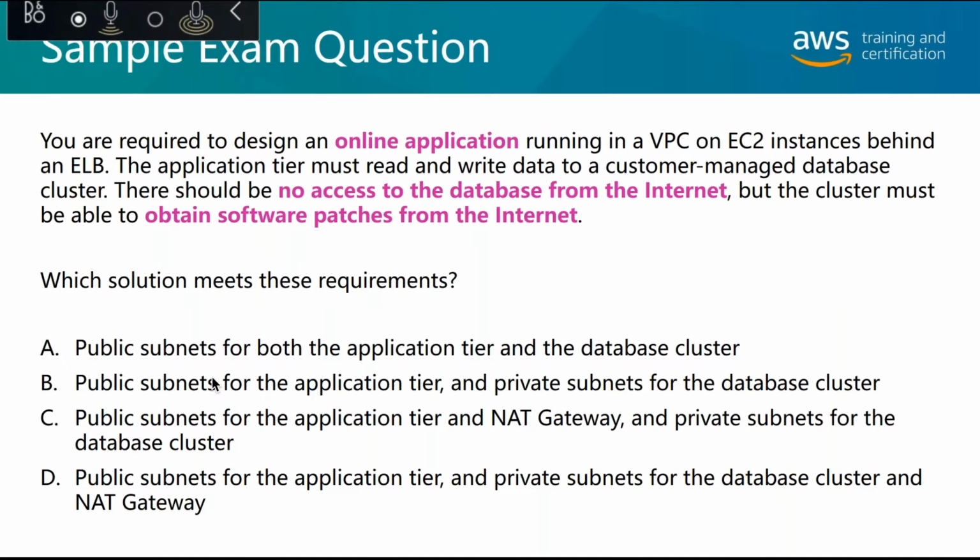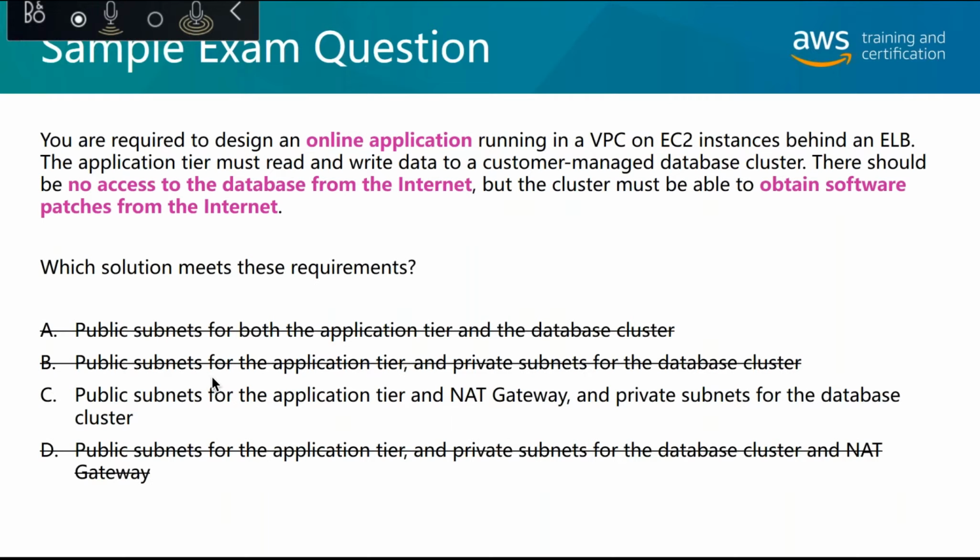So I have an online application running in a VPC on an EC2 instance. The database has no access, so we definitely want it in a private subnet. But then the application needs to go get software patches, so maybe it needs to do some kind of yum install. The first option says public subnet for both app tier and database tier.